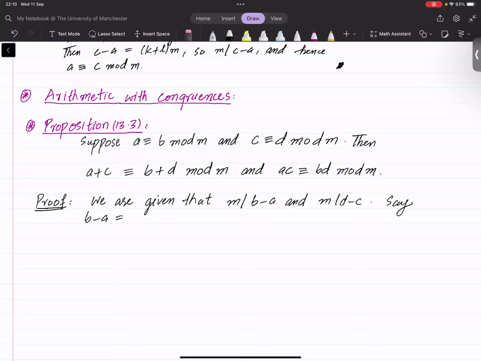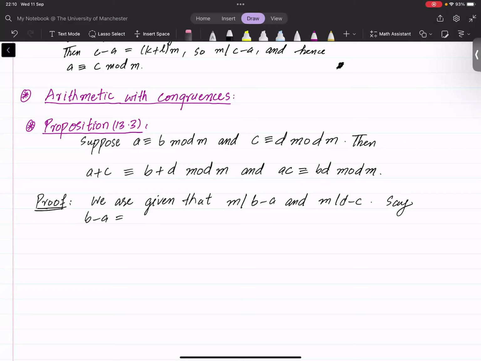Congruence is a notation that conveniently records various divisibility properties of integers. This notation comes into its own when we do arithmetic with congruences, as we show is possible in the next two results. The first shows that congruences modulo m can be added and multiplied.